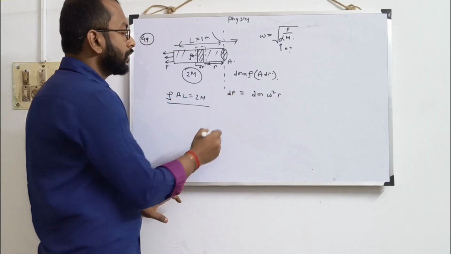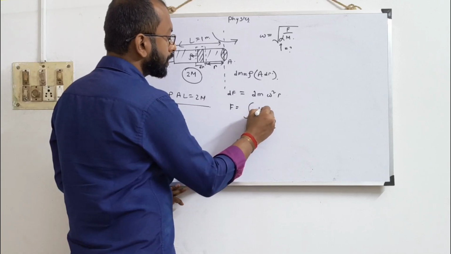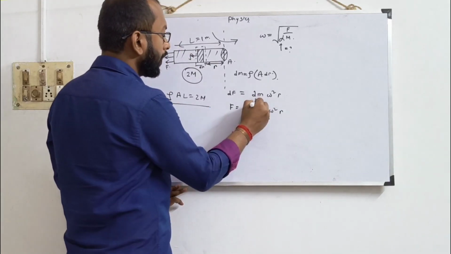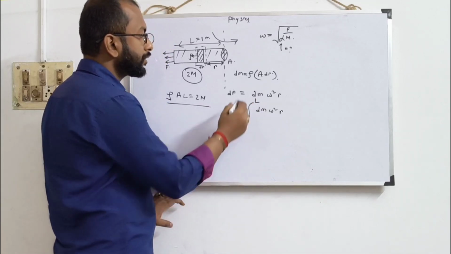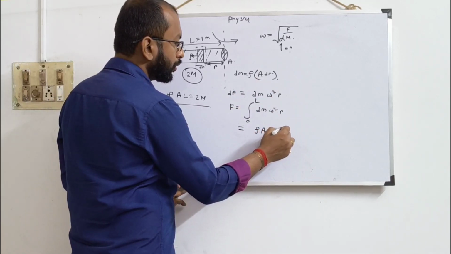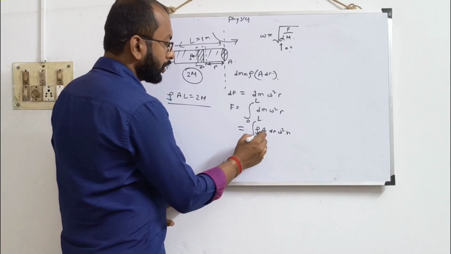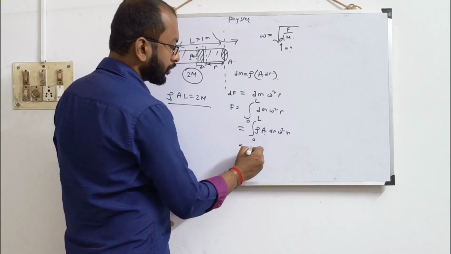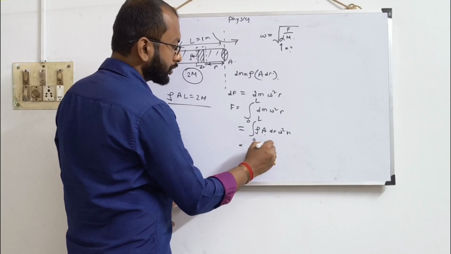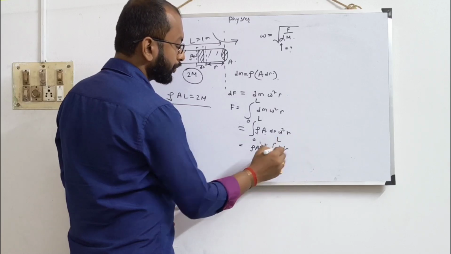So for the total force, we have to integrate dm omega square into r from 0 to capital L. Value of dm is rho A into dr. We'll just put rho A into dr omega square r, integration from 0 to L. Rho A omega square is constant, so we integrate omega square r dr from 0 to L.